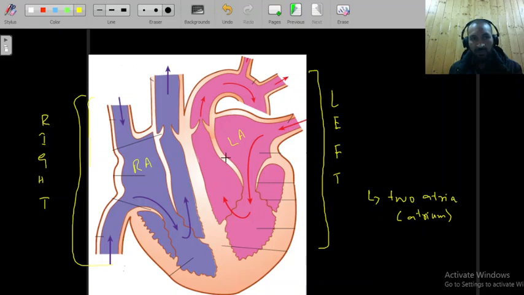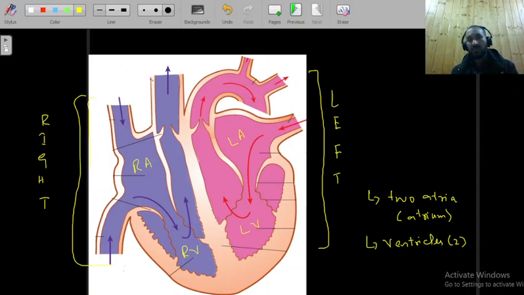Now, these two chambers actually open into these lower chambers. So these lower chambers are referred to as ventricles. So again, ventricles are two in number, like your atria. So this is right ventricle and this is left ventricle. So these are the four chambers which make your heart. Atria, sometimes we also call them auricles. Let me write over here. We also call them auricles sometimes.